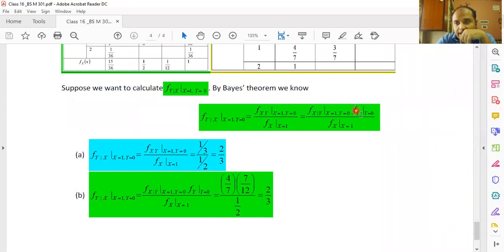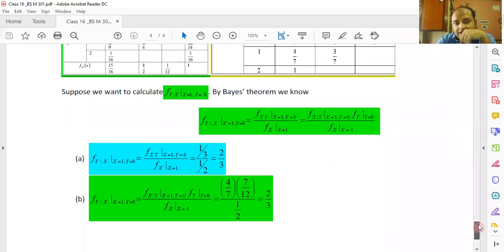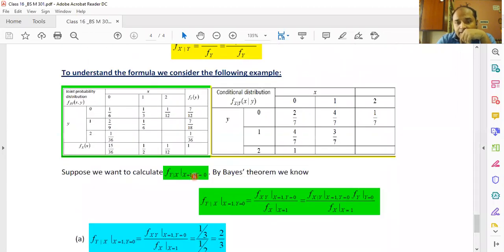So if we apply both the results, we are getting the same conditional probability. This value 2/3 is called the conditional density of y given x. Now it is only one value at x equal to 1 and y equal to 0.